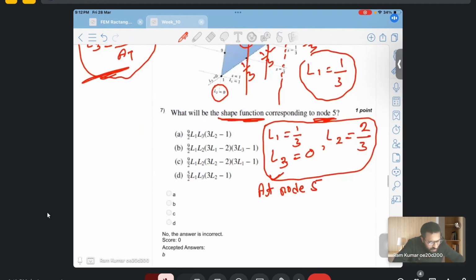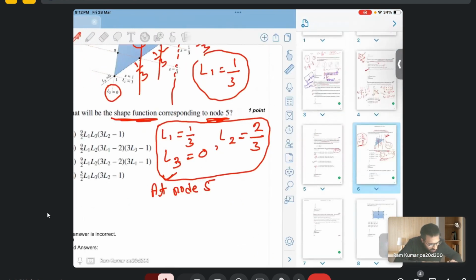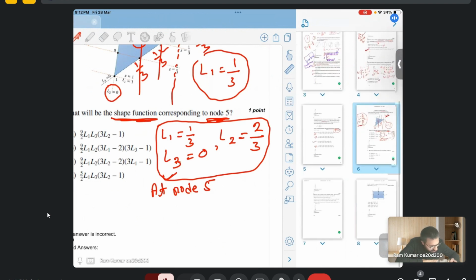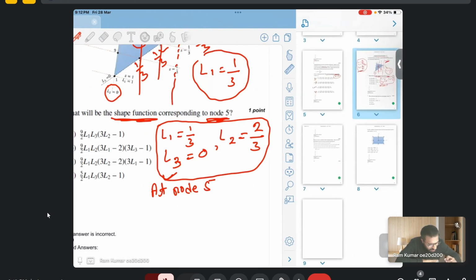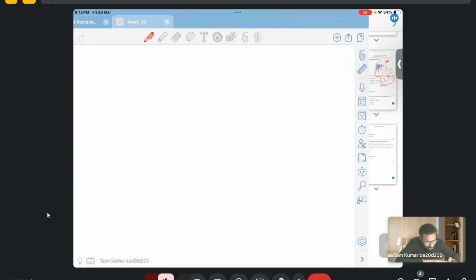So let me take one page. That we are writing L1 minus S naught. Yes, that one we can use here. So in this case, sir, that will be L1 minus 0. Let me write.